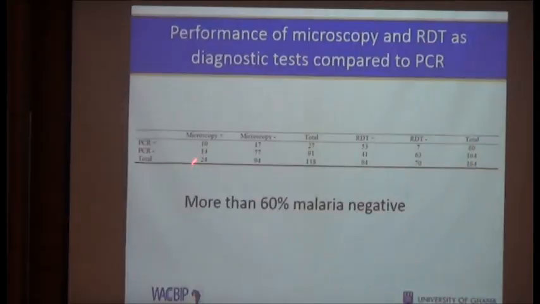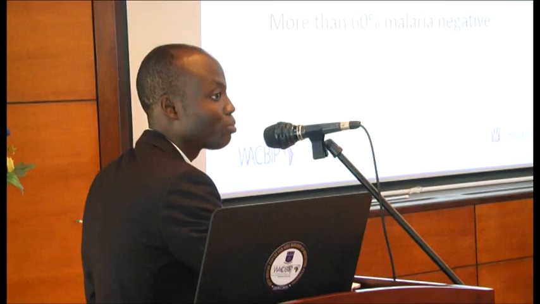Okay, so of the 24 cases that were positive for blood film, we realized that more than 50% were actually negative by PCR. And for those that were reported to be blood film negative, out of the 94, 17 were actually positive.